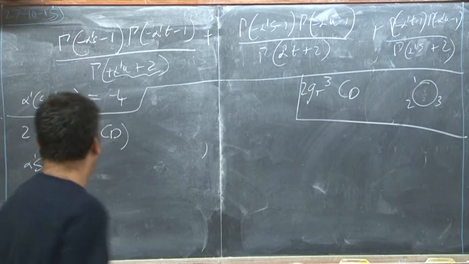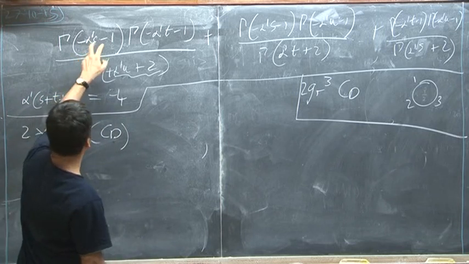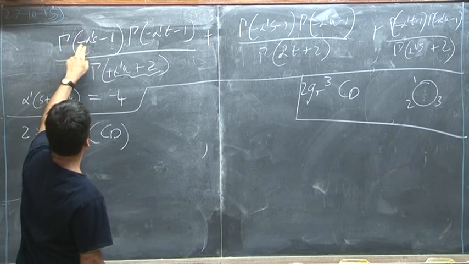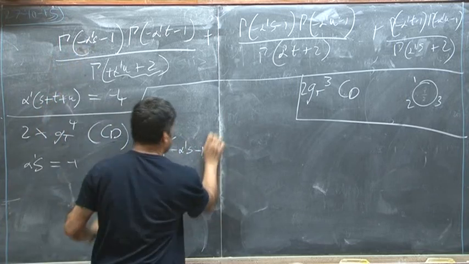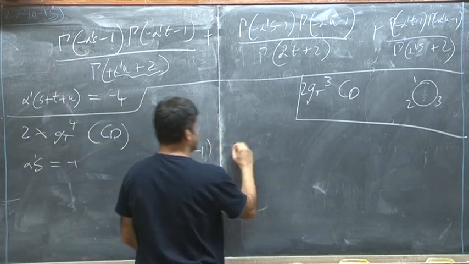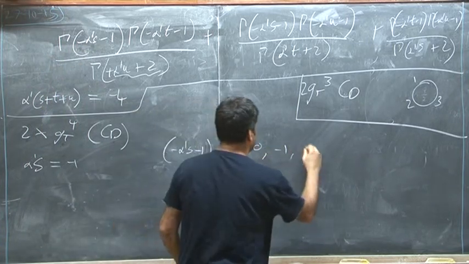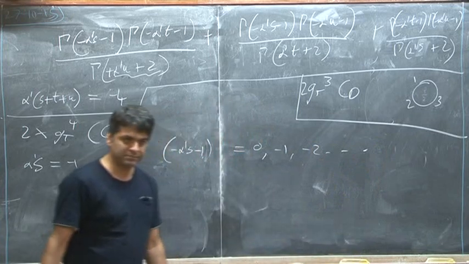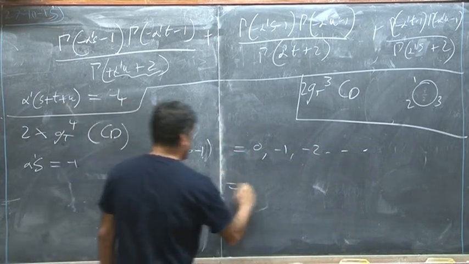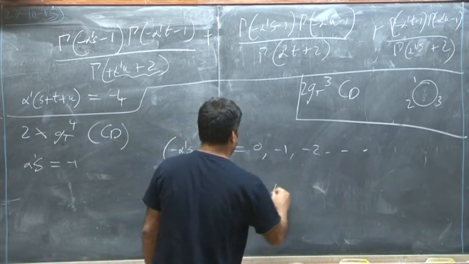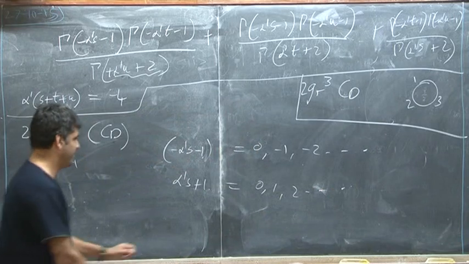Let's remember firstly where this guy had poles. This guy had poles whenever minus alpha prime s minus 1 was 0 or a negative integer. It was equal to 0, minus 1, minus 2. Now it's the same equation as alpha prime s plus 1 is equal to 0, 1, 2, and so on.